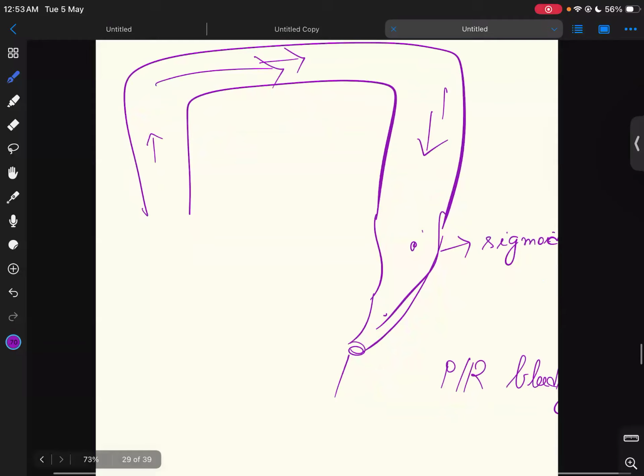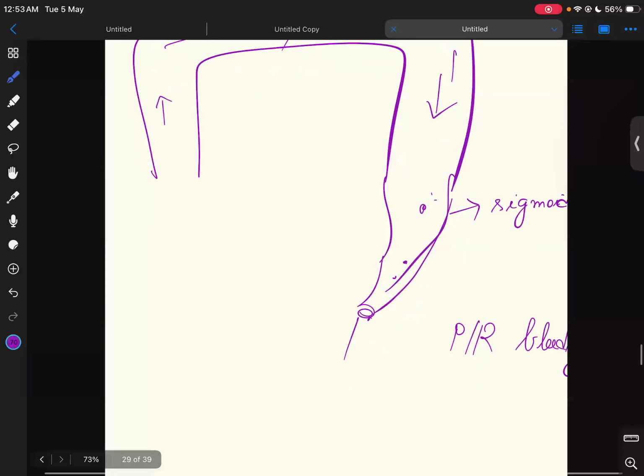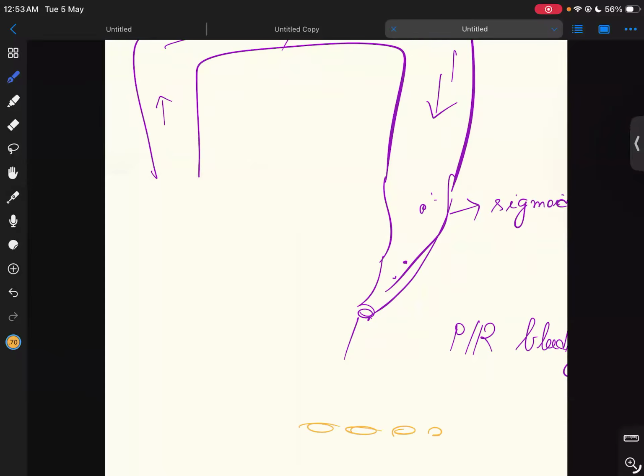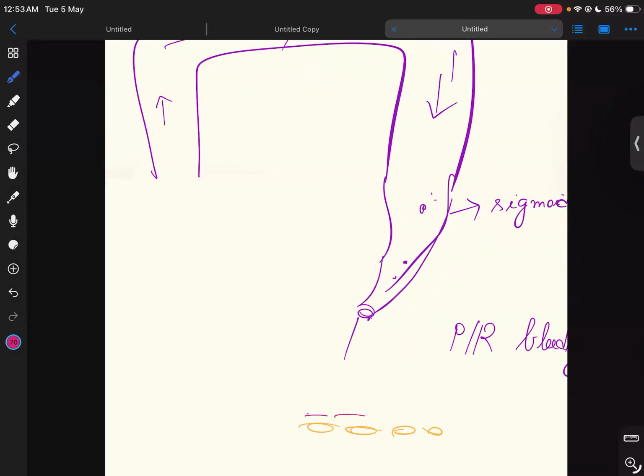But the bleeding that happens from the sigmoid and the rectum and the anal canal has a particular pattern. This is a feature that matters: you'll find that the blood is covering the stool. It is not mixed with the stool, if the bleeding happens from the sigmoid colon or the rectum or the anal canal.